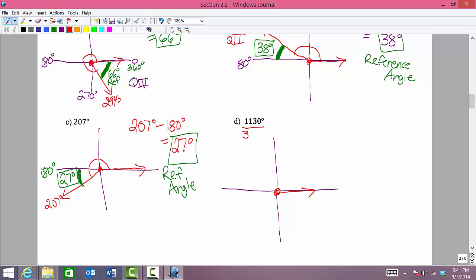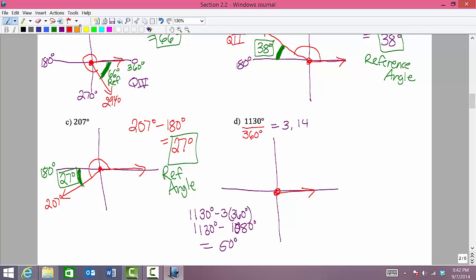So let's take 360 degrees and divide it into our angle. When I do that, I get approximately 3.14. So that means I have 3 complete rotations. So let's subtract off those 3 complete rotations. That means I'm subtracting 1080, and that gives me a coterminal angle of 50 degrees.